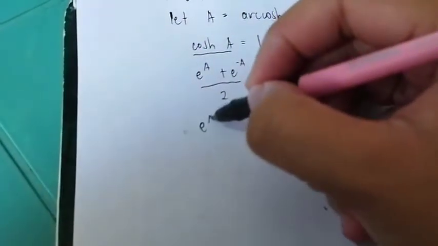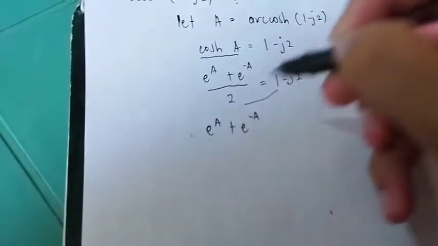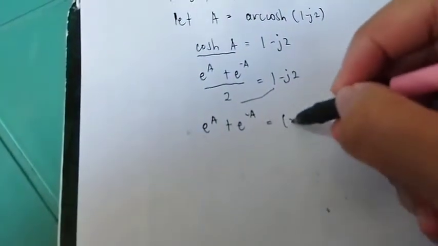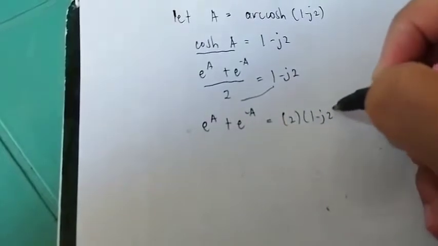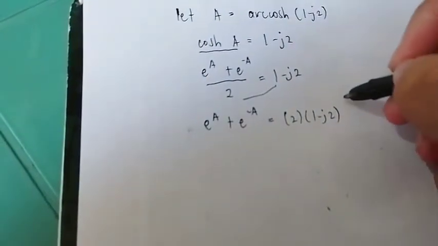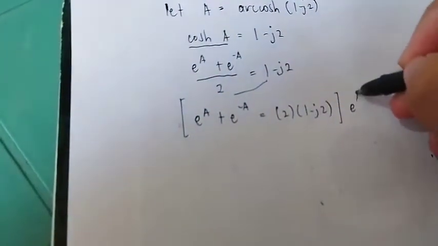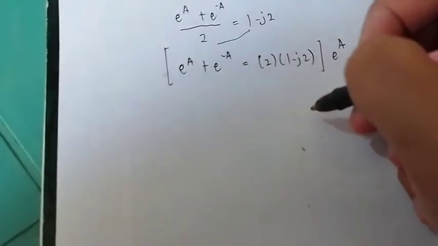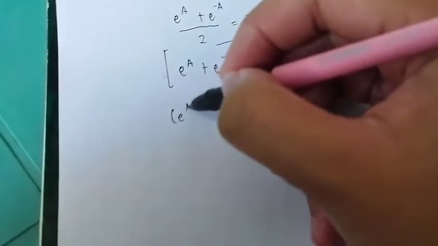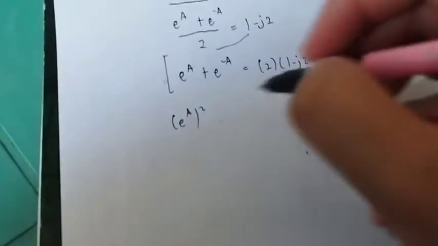Then we will cross multiply, that is e raised to A plus e raised to negative A is equal to 2 times 1 minus j2. Then we will multiply by e raised to A on both sides so that it will become a quadratic equation.